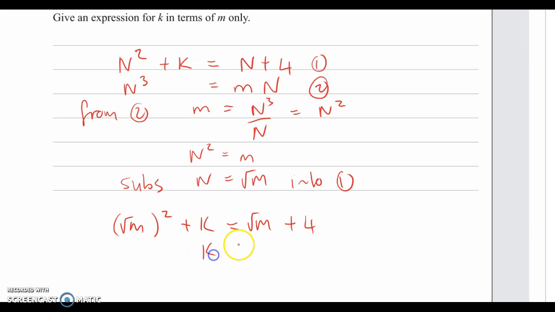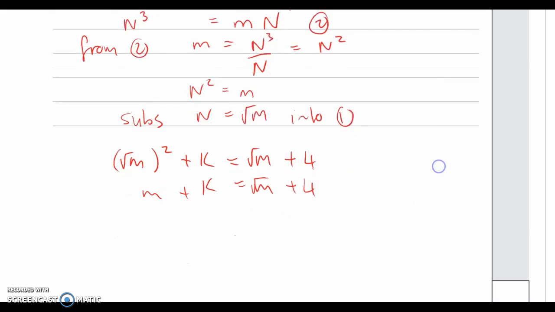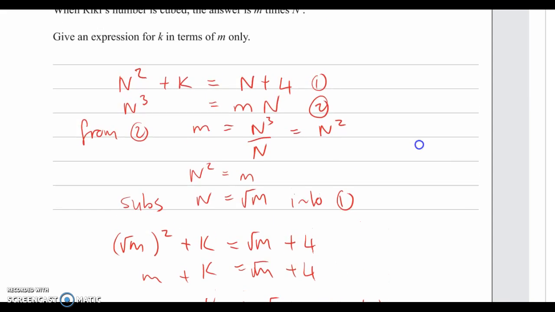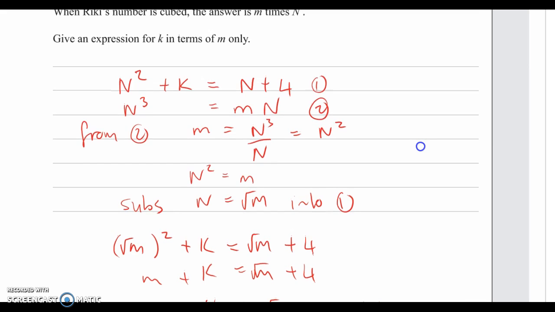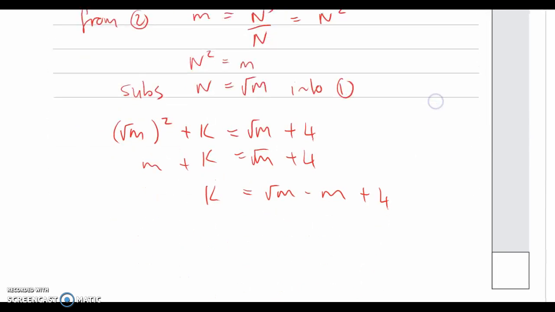So k equals, now square root of m squared is just m, and so k equals the square root of m minus m plus 4. Write an expression for k in terms of m only.